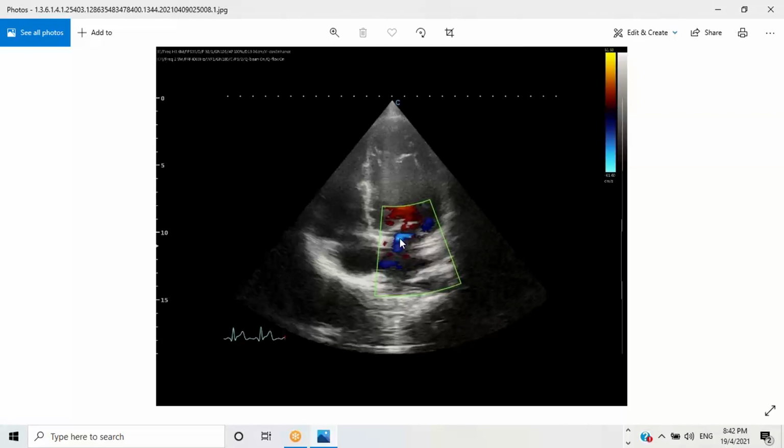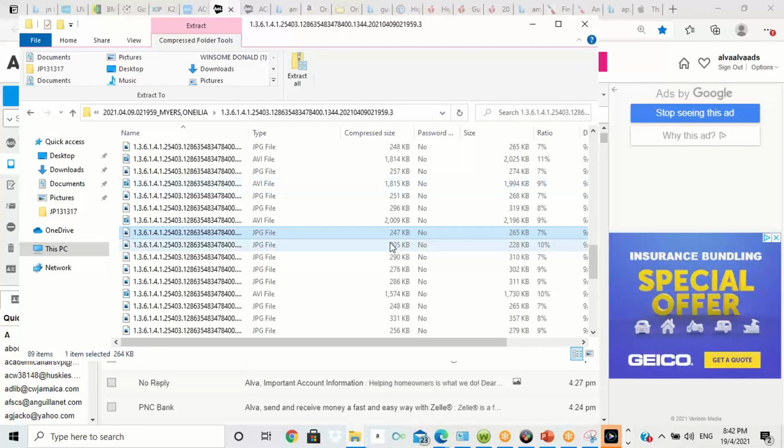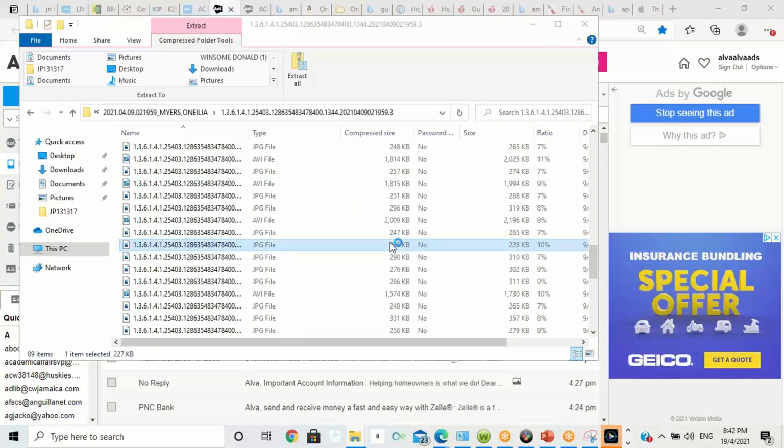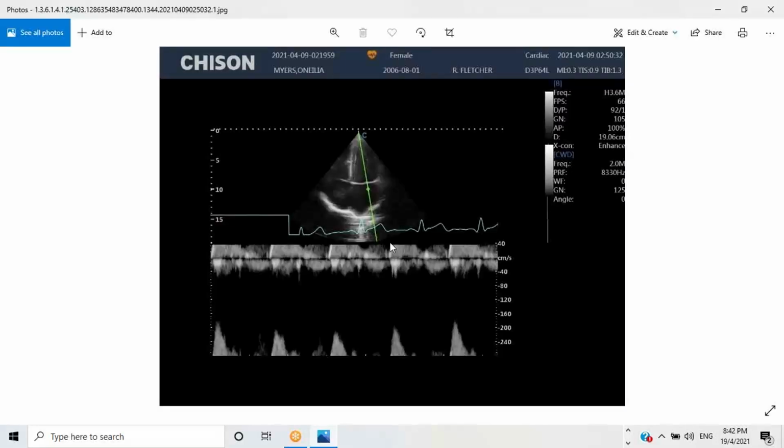So that's mitral regurgitation, and then you put your pulsed or continuous Doppler across there to identify it. The color flow is just to identify if any significant pathology is there, and then if you want to quantify what's going on, you put your pulsed Doppler and continuous Doppler.